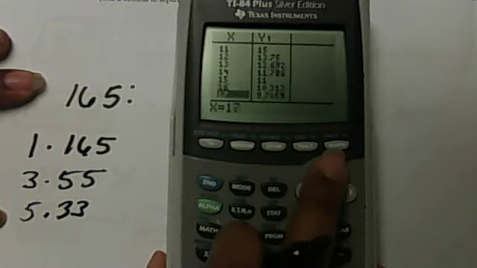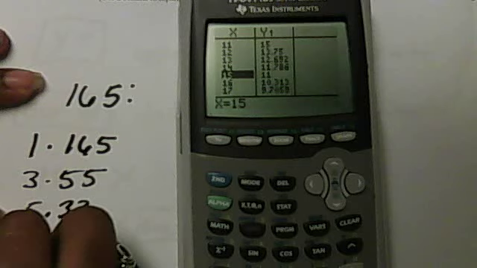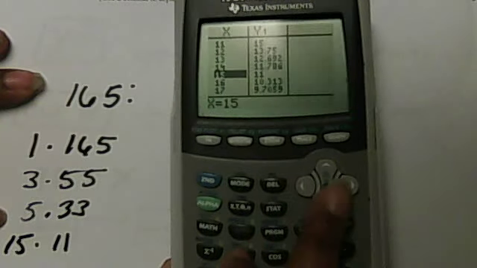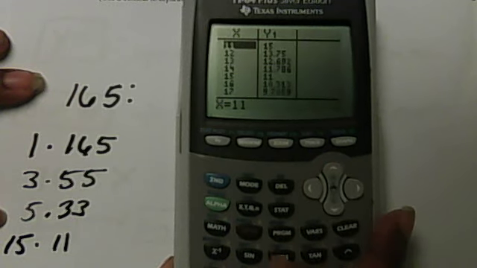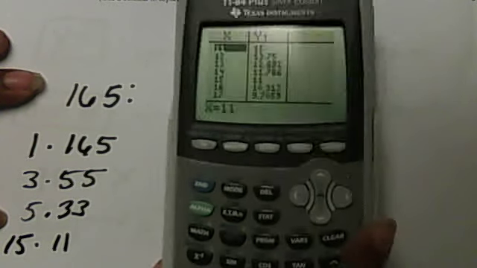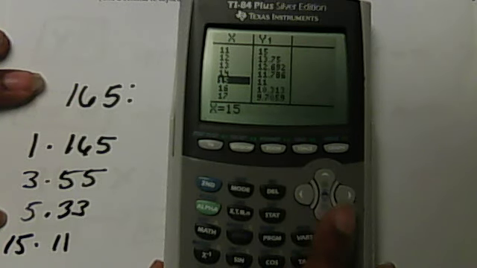And if I keep scrolling down, right there, I have 11 and 15, then 15 and 11. Right? And then since they're repeats, I don't have to keep going. So those are all my factors of 165.